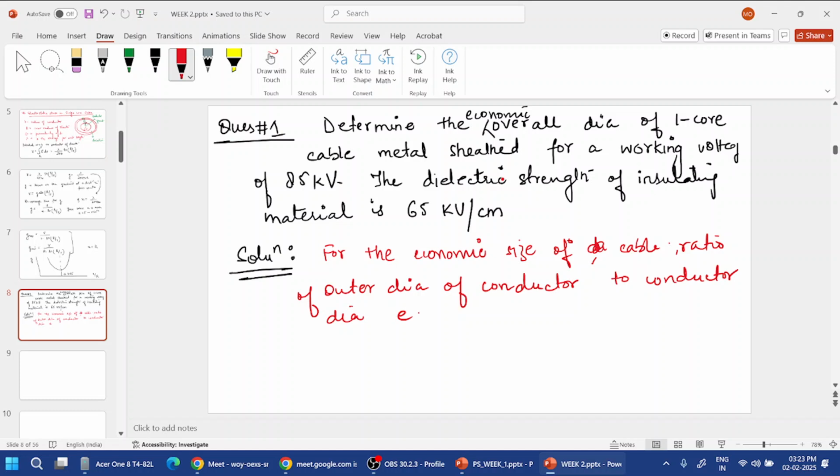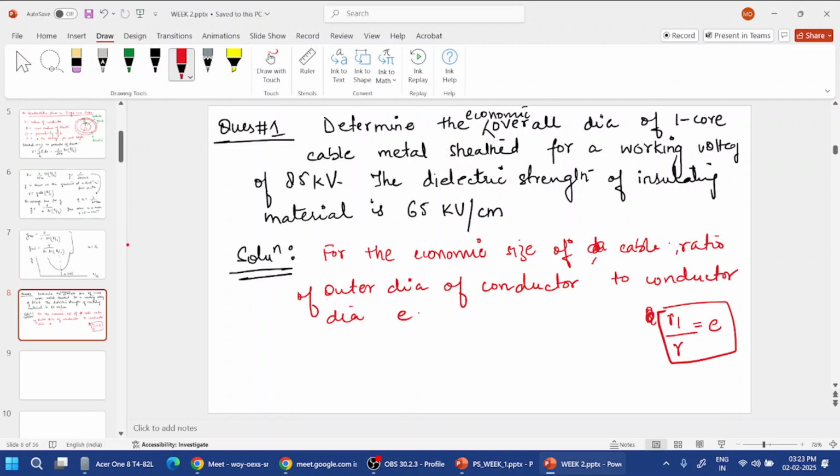So basically, let's say R1 is the outer dia and R is the conductor radius, and R1 by R is equal to e.